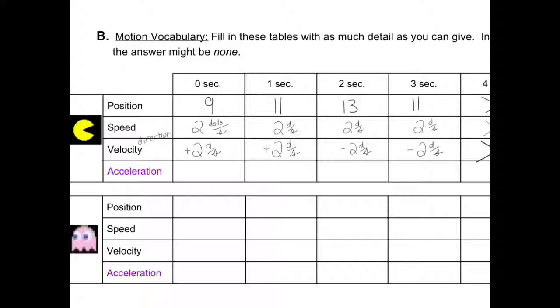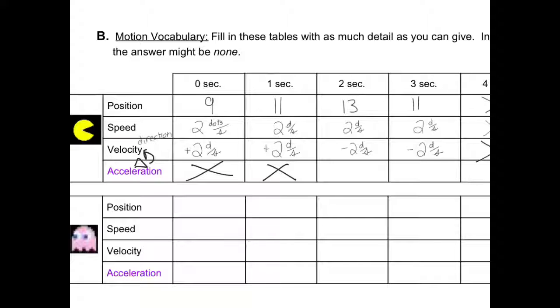And there you see the velocities. Again, pay attention to the positives and negatives. For the acceleration, acceleration is defined as what? Any change in velocity. Change in velocity. At 0 seconds, there's no change in velocity. At 1 second, we are still going positive 2 dots per second, so no change in velocity.